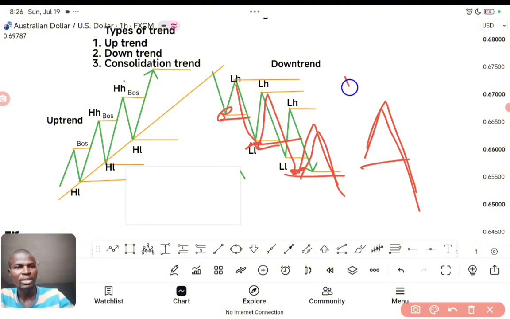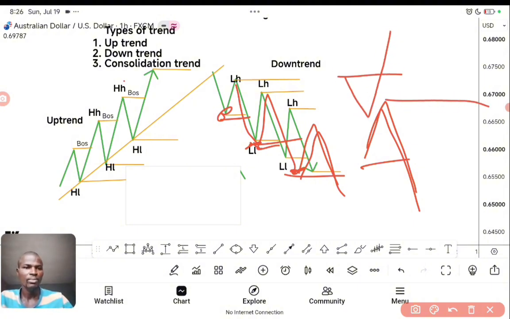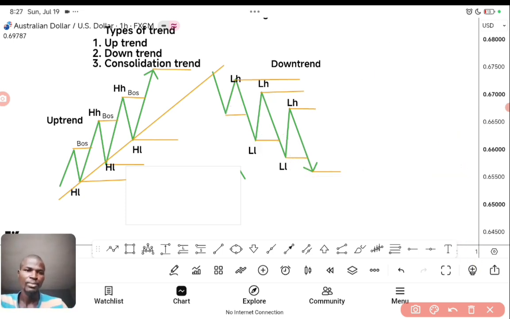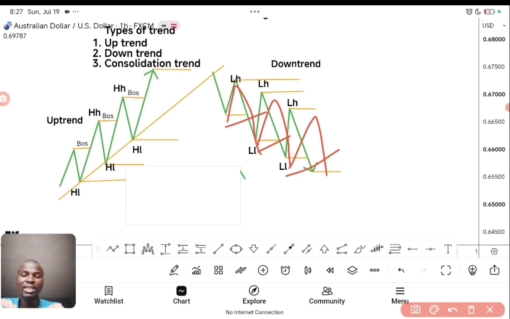But in an uptrend, it's break of structure to the upside. You can see another break of structure. That is an uptrend. That's a downtrend. You can see a structural point is being broken to the downside. This signifies a downtrend.